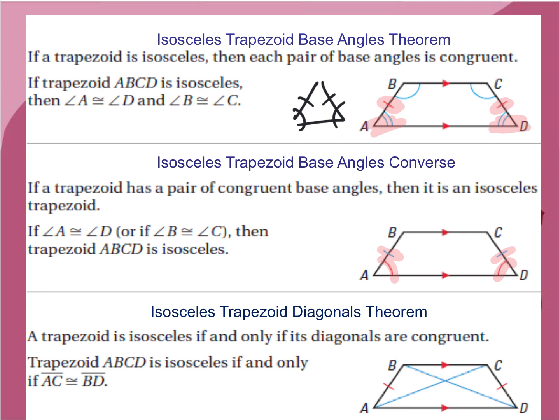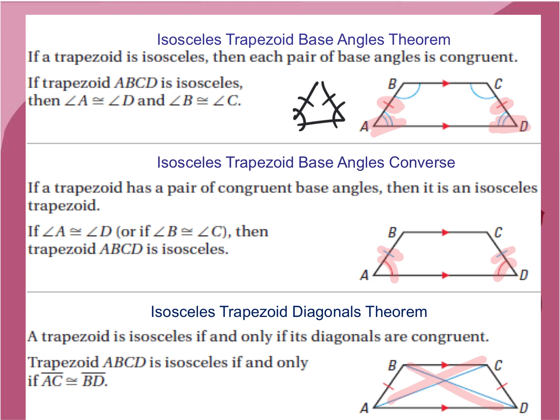Alright, and then for the last one, the isosceles trapezoid diagonal theorem: a trapezoid is isosceles if and only if its diagonals are congruent. So trapezoid ABCD is isosceles if and only if AC and BD are congruent. So if they tell you that these two segments, AC and BD, are congruent, then it's going to be an isosceles trapezoid because they have to be at the same angle and the same separation.